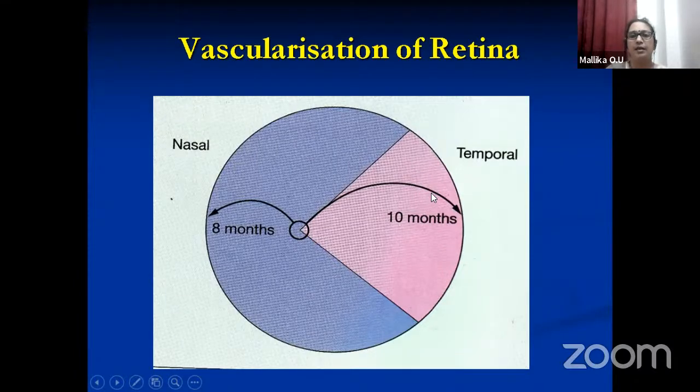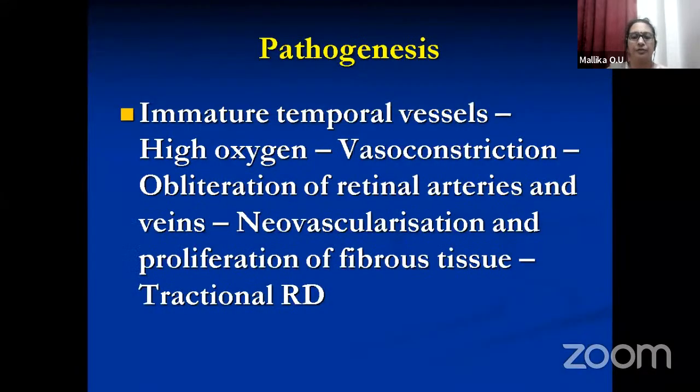gestation, and after 1 month of normal complete gestational week, the baby develops complete vascularization in the temporal retinal periphery. So these immature temporal retinal vessels are susceptible to high oxygen concentration. The nascent oxygen is toxic to the retinal blood vessels, and this nascent oxygen will produce vasoconstriction.